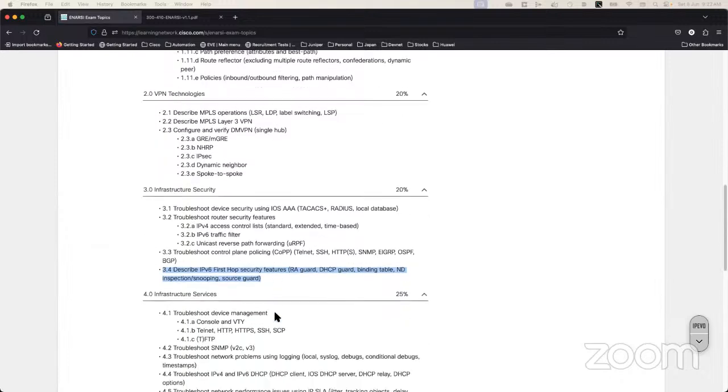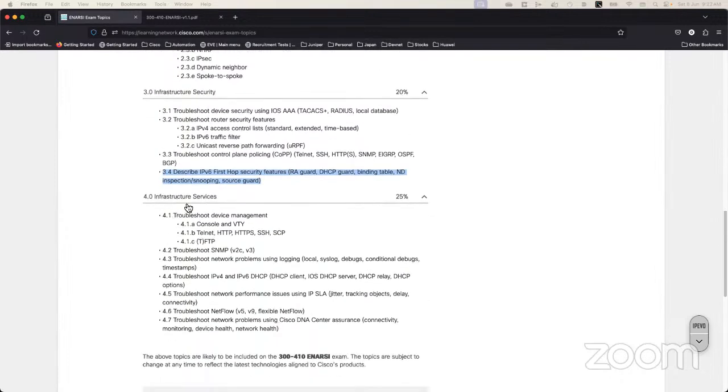Right. Last topic is about infrastructure services. By services we mean what all services a router can provide. For example, console access, VTY access via SSH or Telnet, HTTP, HTTPS, how to enable them, what their uses are, TFTP. SNMP, the Simple Network Management Protocol, its different versions, what their differentiation is, how we configure them, how to troubleshoot if there is any issue in SNMP.